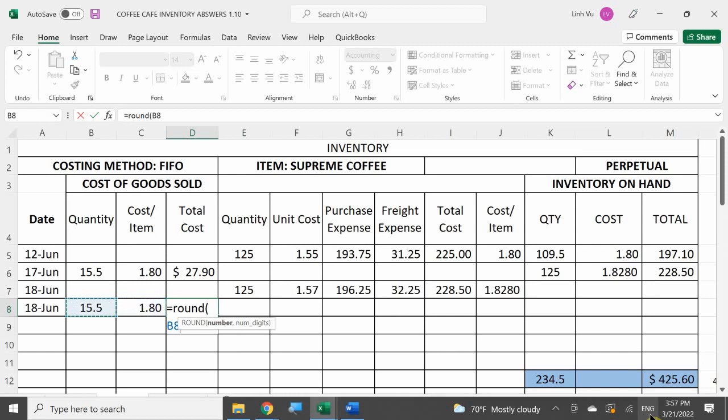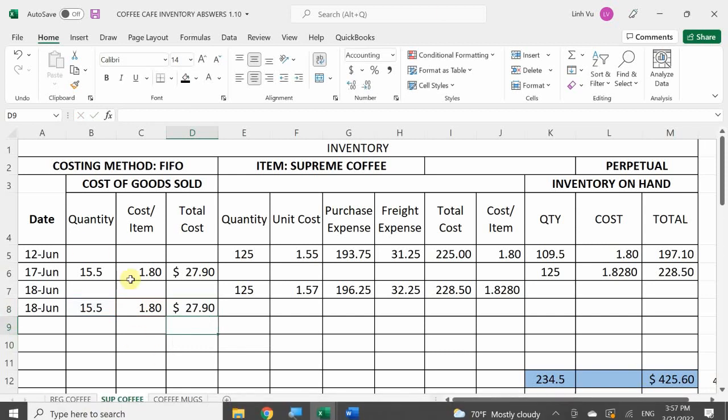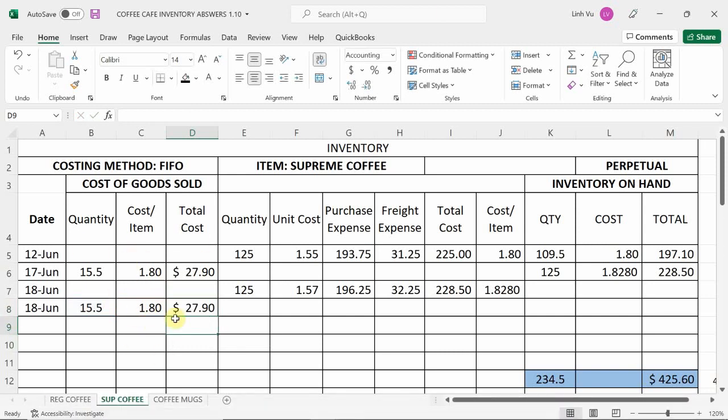Okay? So in this case, how much is it going to cost me to use 15.5 pounds? $27.90. The same thing, right? You could have just looked right above and said, well, it was $27.90. So I'm going to update my inventory now, because I no longer have 109.5 pounds anymore, right?